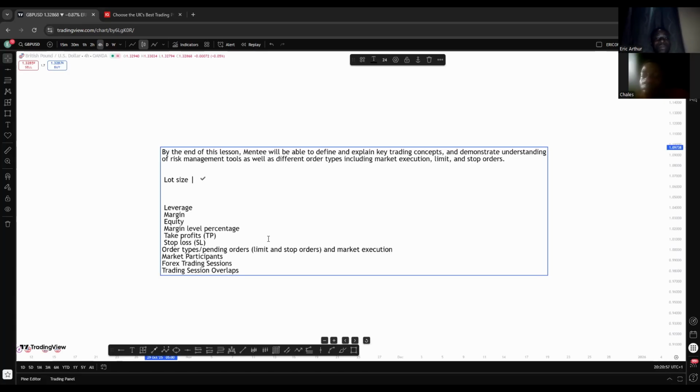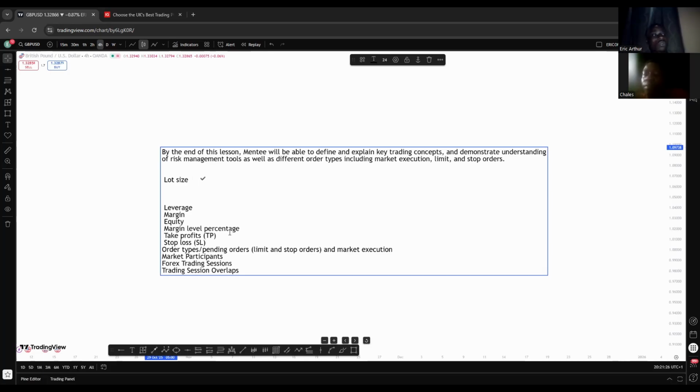The lot size you choose directly affects how much money you're going to make or lose for every pip that price moves. I mean, you know pip, right? Yeah. So it's going to affect any price movement either in your favor or when it goes against you.